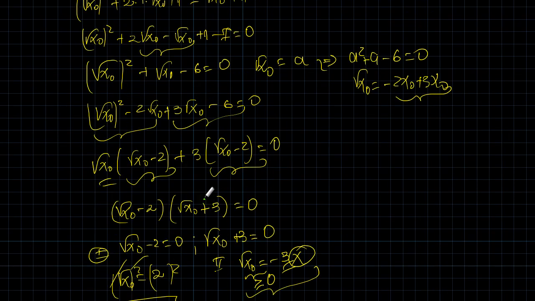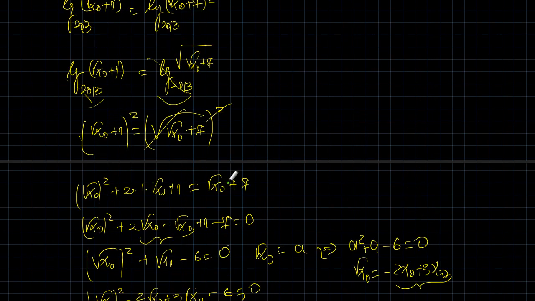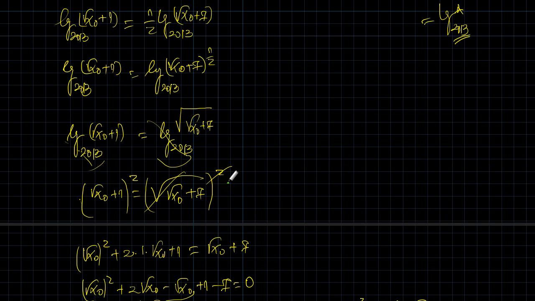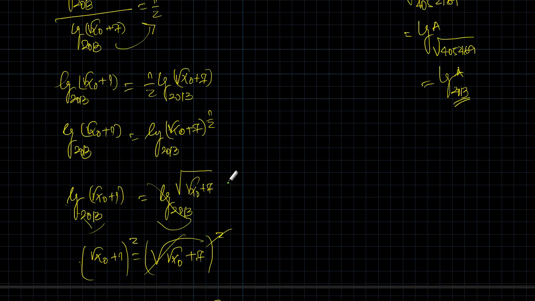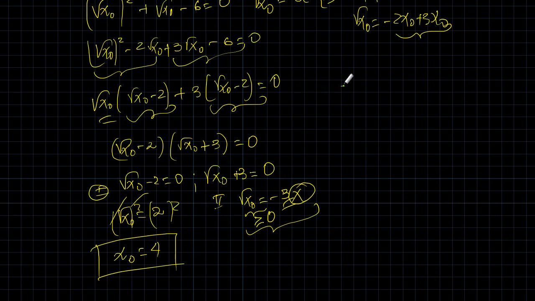Getting back to where we made our substitution, we considered that 3x minus 2015 would be equal to x0.